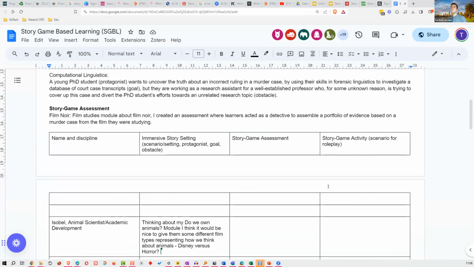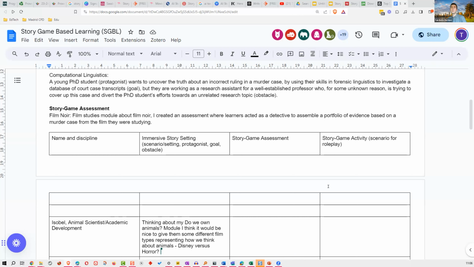So in my case, I had this idea for a film noir setting with a detective, and so I thought, well, they will assemble a portfolio of evidence when they're doing an investigation. But there might be other examples. What other kinds of assessment could we use?